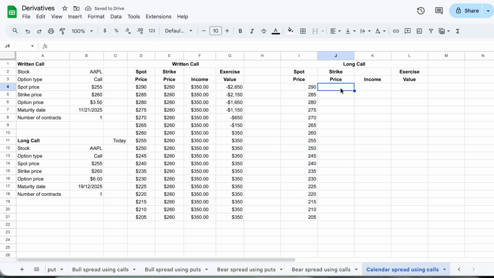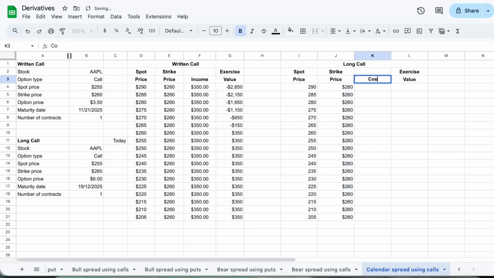For this example, when the written call option expires, we will still have 30 more days for the long call option to expire. We need to calculate the value of the long call option at day 30 when it has another 30 days to maturity. We will use a Black & Scholes option pricing calculator.